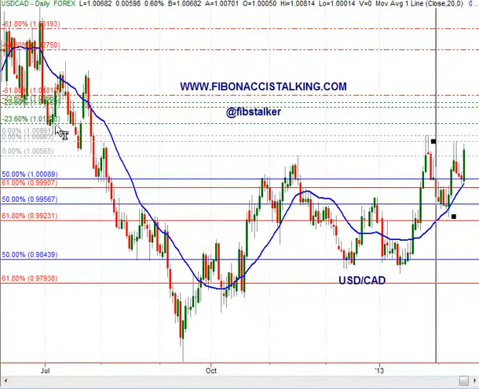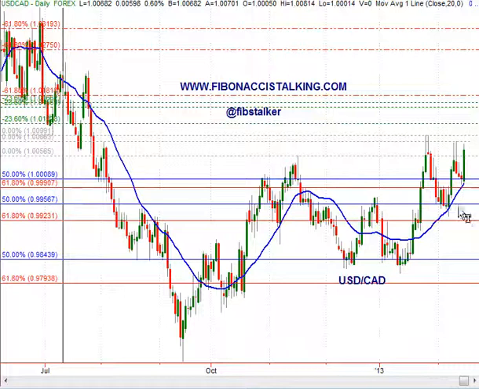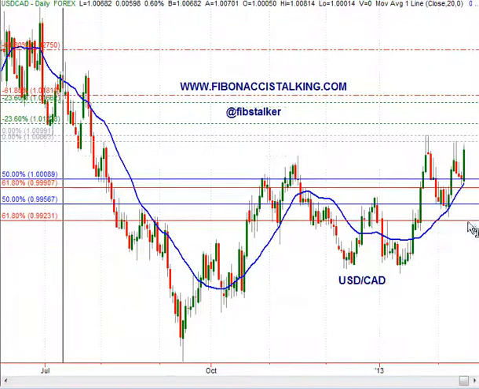So the first target I see will be in the 101.20 area, and this should then be followed by this 101.60. I think we could see 101.80, and probably we will need to evaluate what is going to happen there.